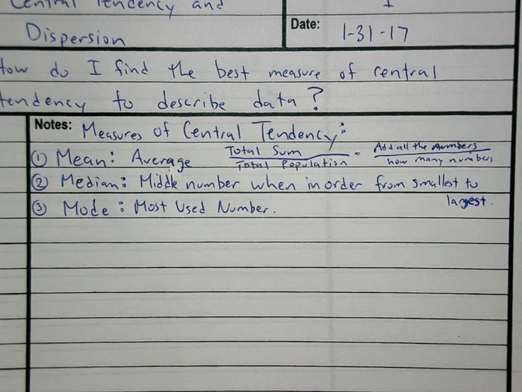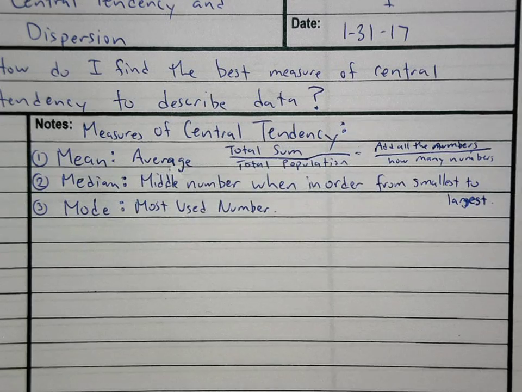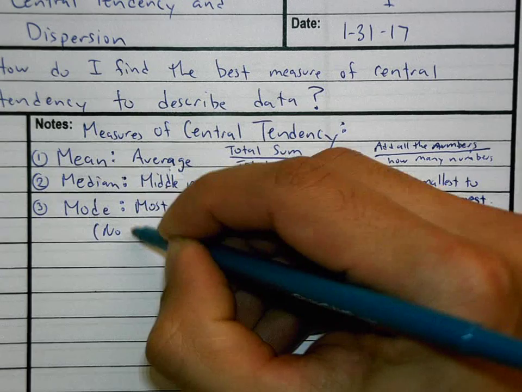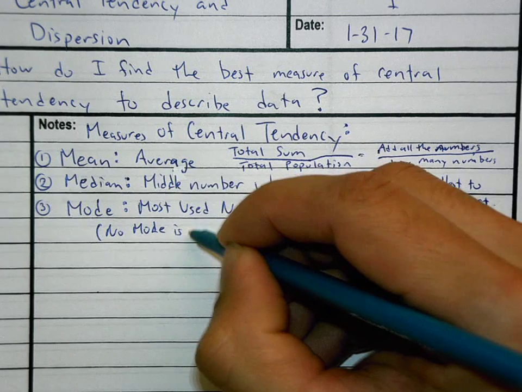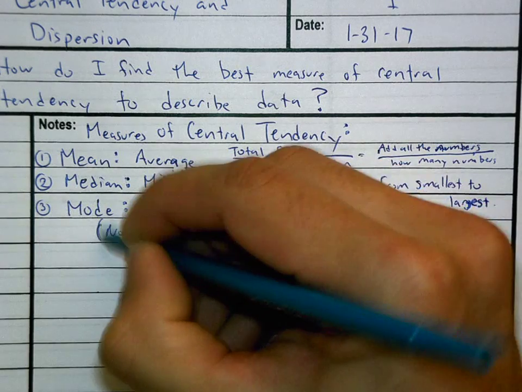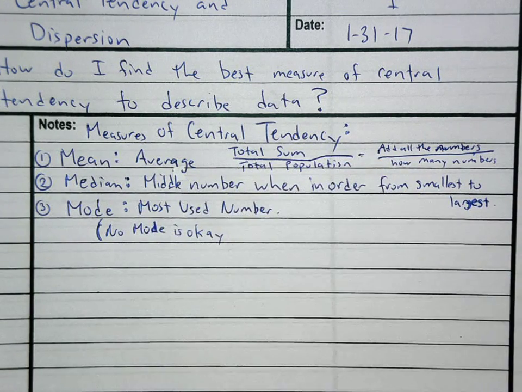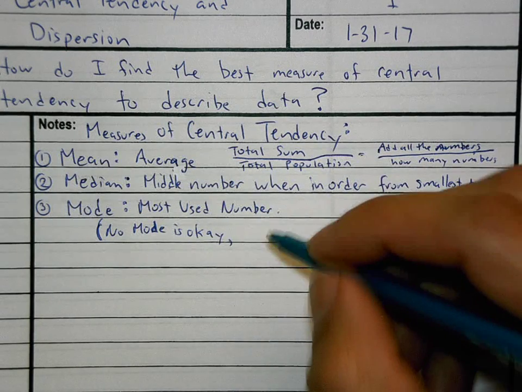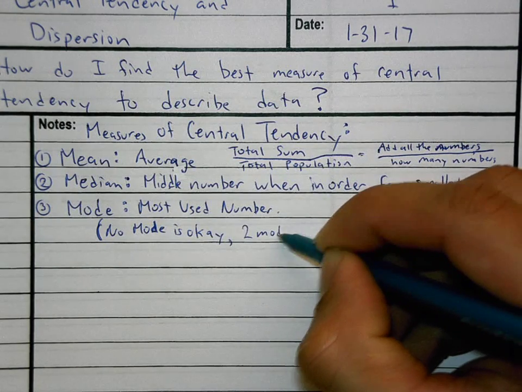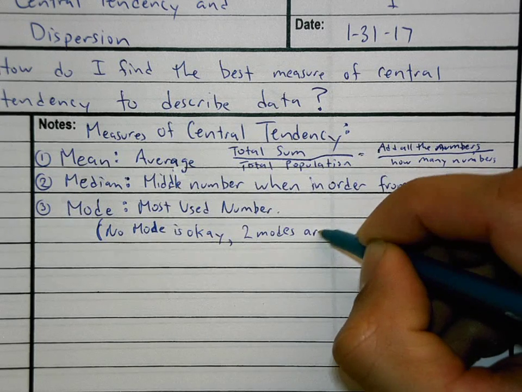Underneath the mode, I have a little side note. No mode is okay. Sometimes there is not going to be a mode, and that's okay. 2 modes are okay as well.